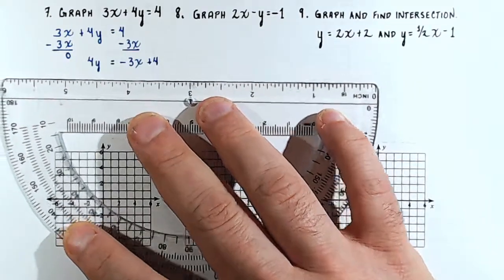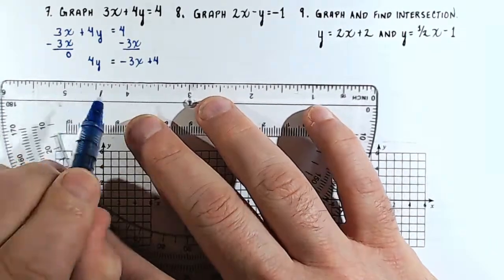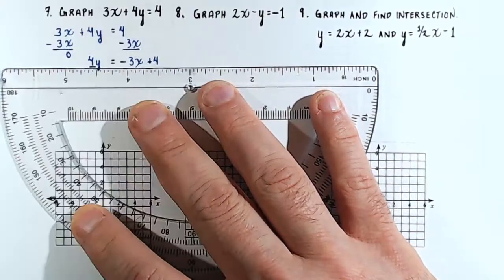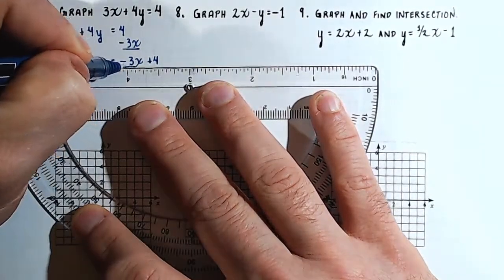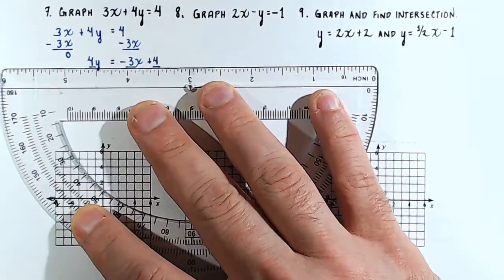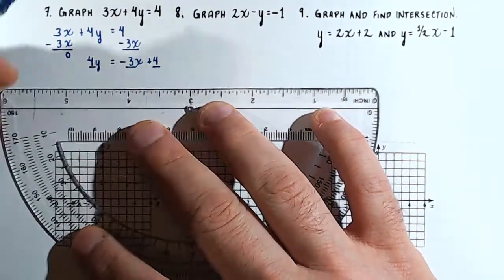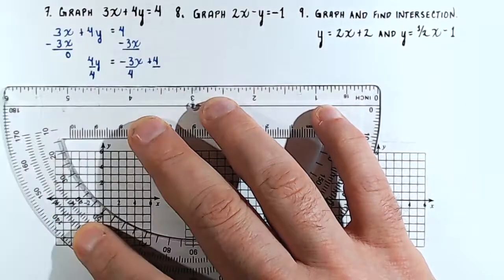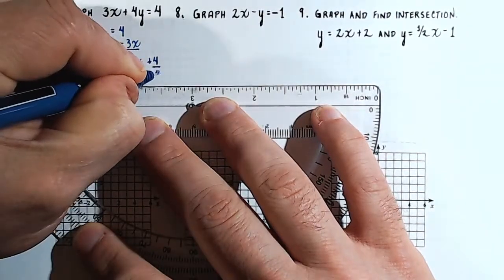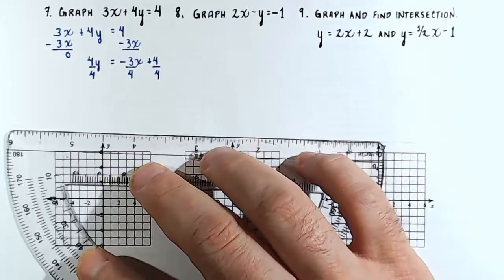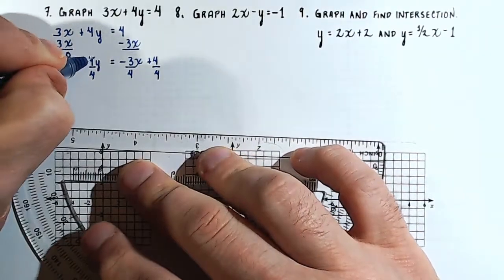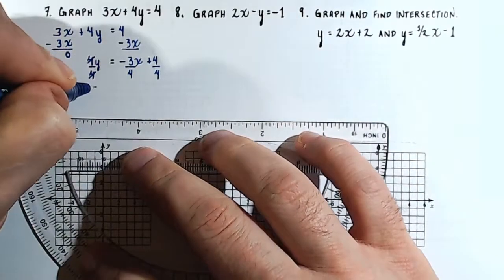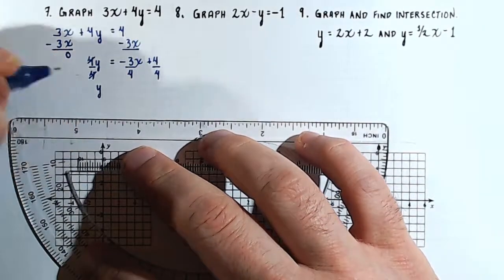All right. Now what I'd like to do is get y by itself. So I will divide through each of my terms by 4. That allows me to cancel out the 4's on the left, and it leaves y by itself.